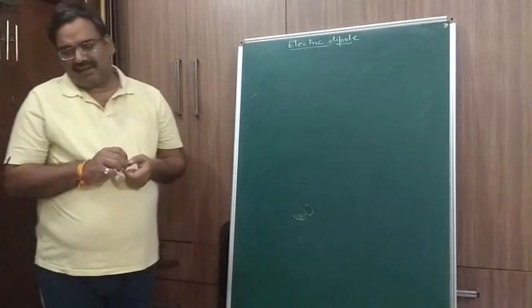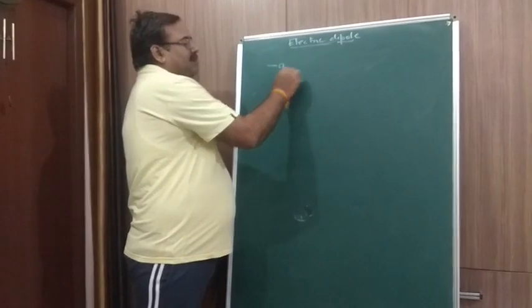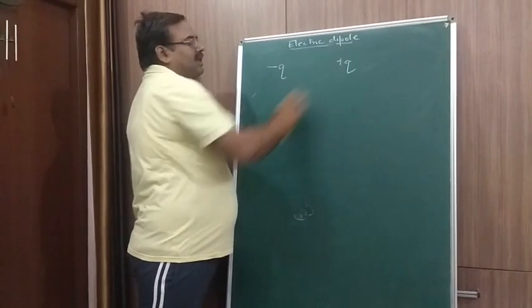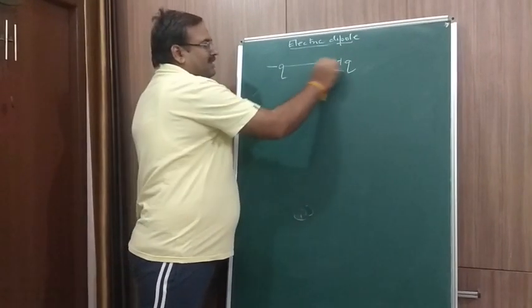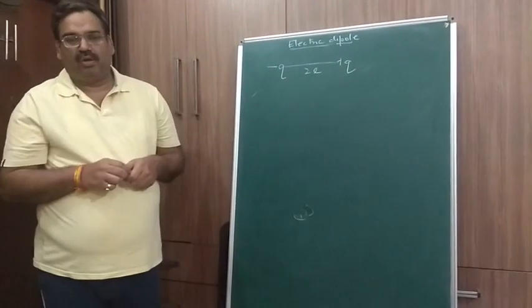What is an electric dipole? When two equal and opposite charges, minus Q and plus Q, are separated by a distance 2L, it is known as an electric dipole.